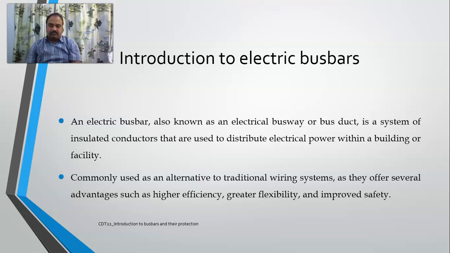In olden days, we used to have traditional wiring systems. But nowadays, we are employing busbar systems because they offer many advantages: improved efficiency, greater flexibility, and also improved safety. How busbars provide higher efficiency and greater flexibility, we will see in today's class.